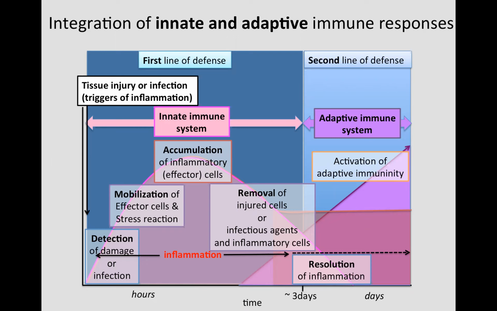So if someone has a simple infection and the fever is gone within 3 days, we don't need to worry. Sometimes when we can see that the fever is still there and the symptoms are getting worse, then we've got to think of the inefficient clearance of those agents. And then we can see that the adaptive immune system is turned on.